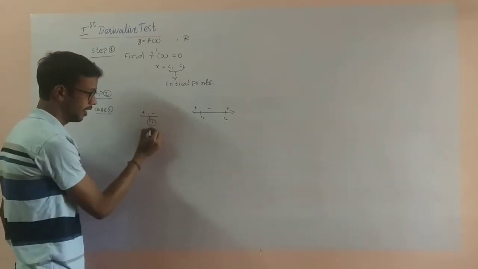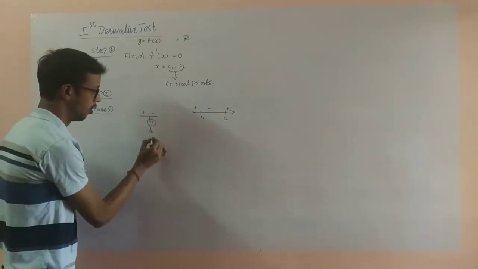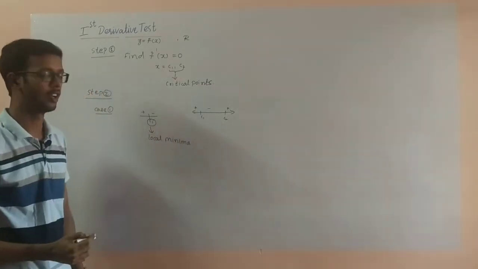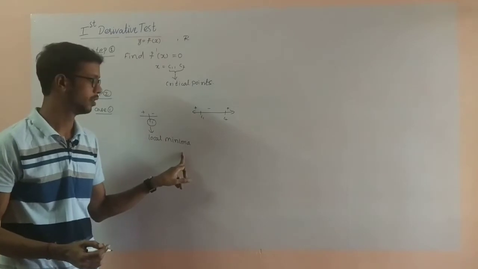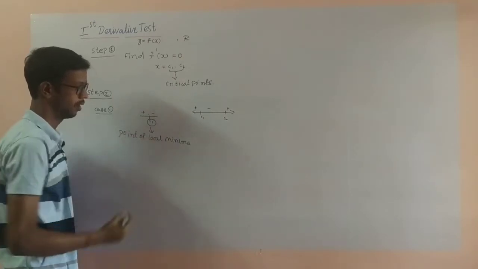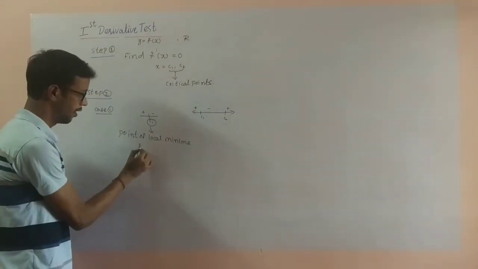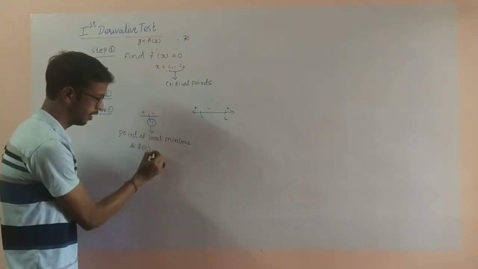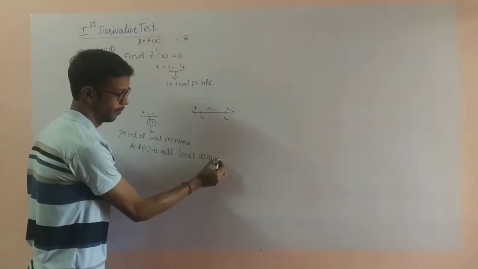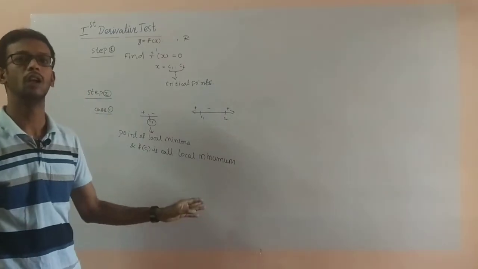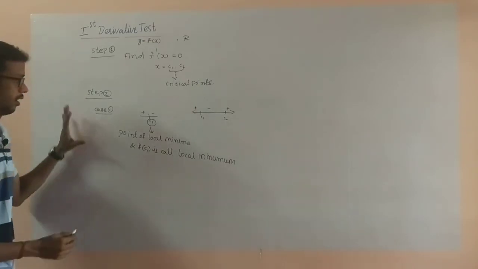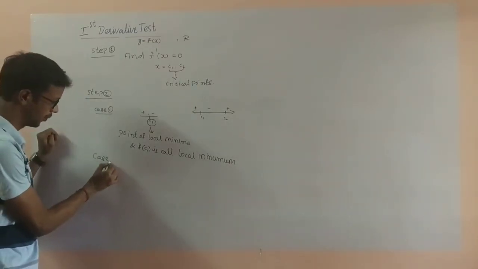That time C1 is called local minima, or point of local minima, and f of C1 is called the local minimum value, or local minima value. Next, this is case 1. Next, case 2.